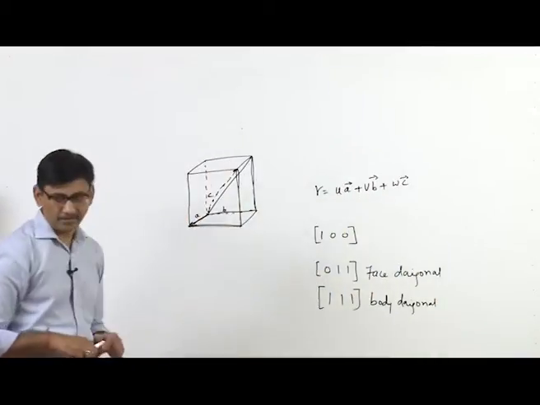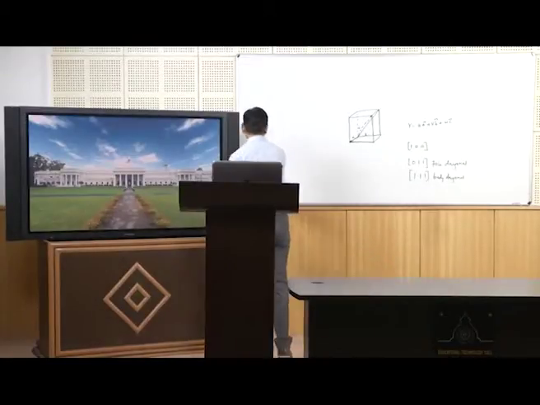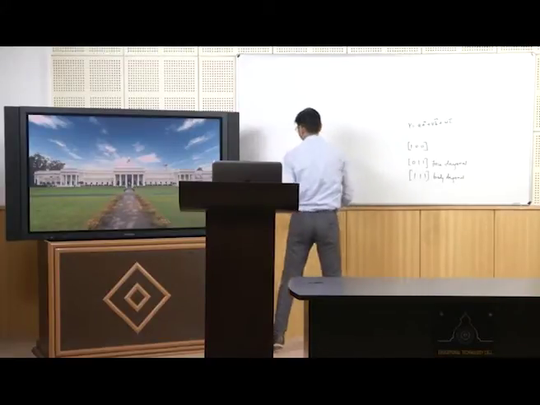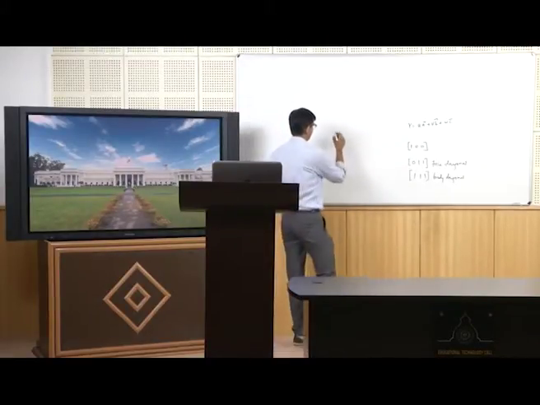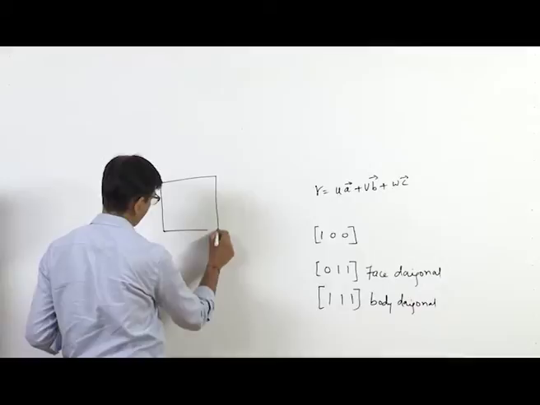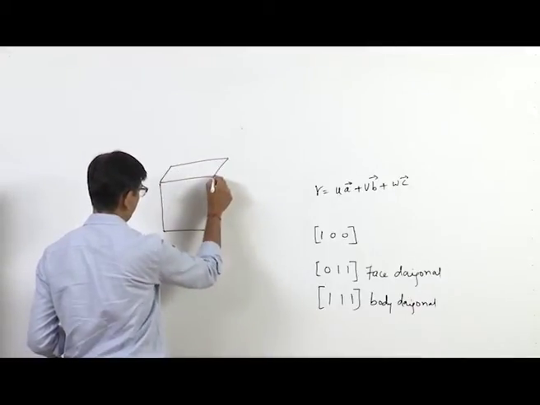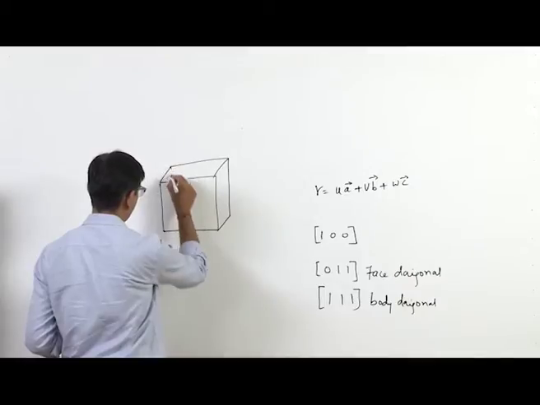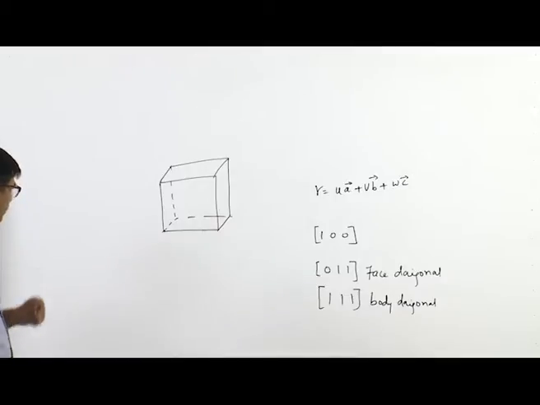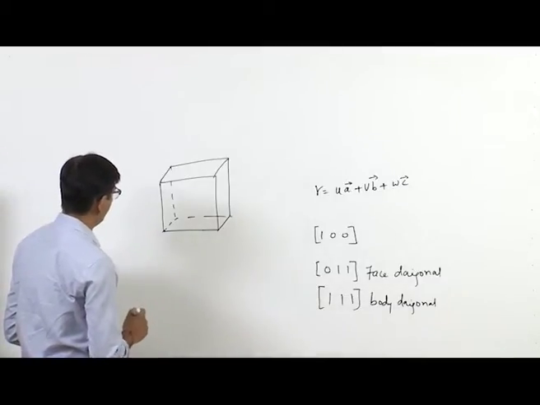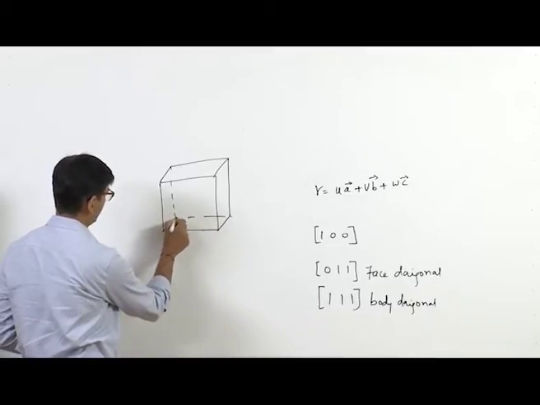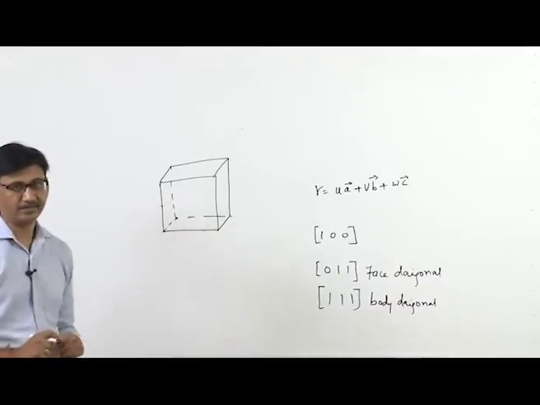These are all in unit lengths. Let us see if we have fractions instead of unit length. Now, let us say we are not going up to that, let us say we are starting from here and maybe going up to a half distance here.